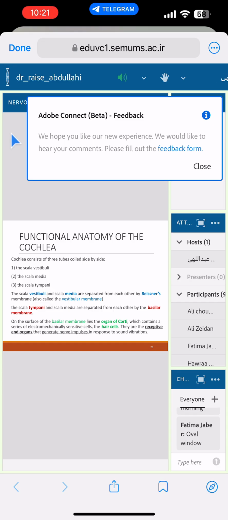The first one is the scala vestibuli, the middle one is the scala media, and the third one is the scala tympani. The scala vestibuli and scala media are separated from each other by Reissner's membrane, also called the vestibular membrane.